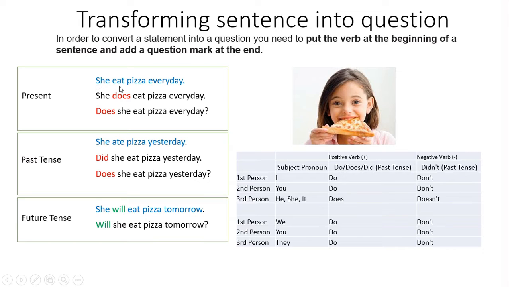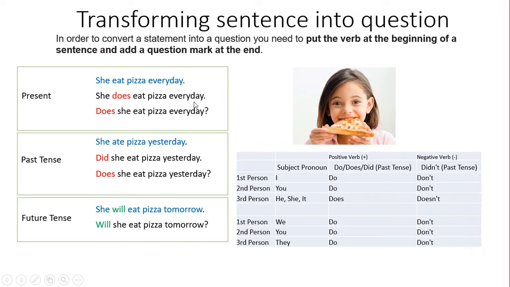So she eats pizza every day. So you will use the word does because does is used for third person, where do is used for first person and also second person. So this is the purpose of the table, so it can guide you. She does eat pizza every day.